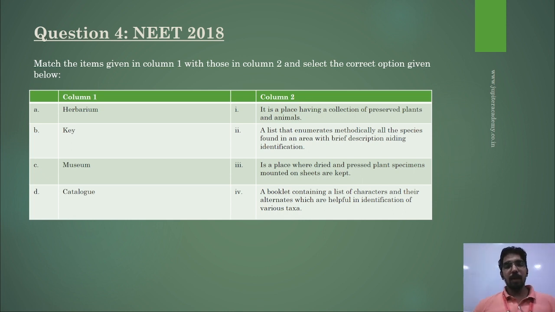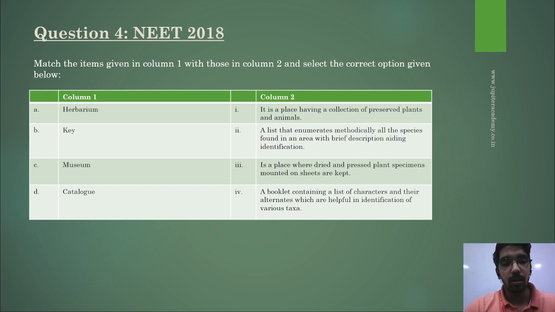For example, let us say Chennai. All the species of birds available in India can be listed down, and a brief description of that particular species can be given. Such a book is called a catalog. So here, what are they trying to do? They are trying to confuse you by saying that a key is a list, and a catalog is a book.